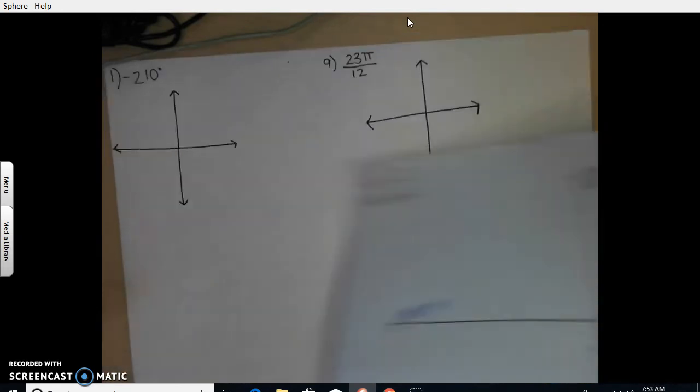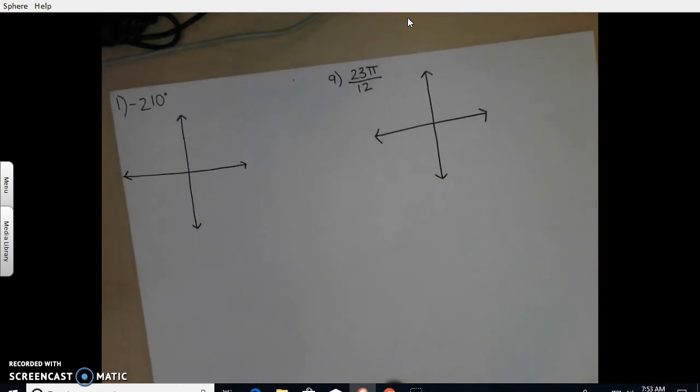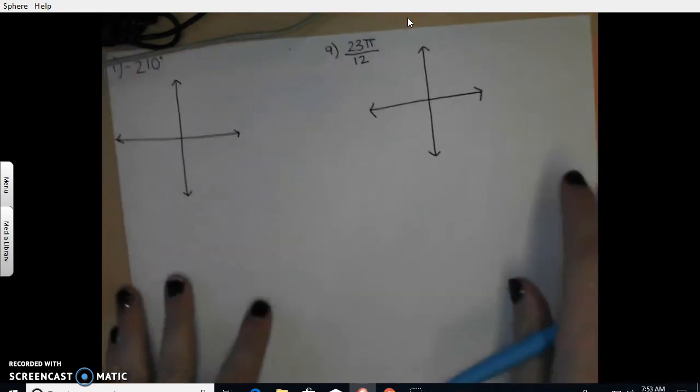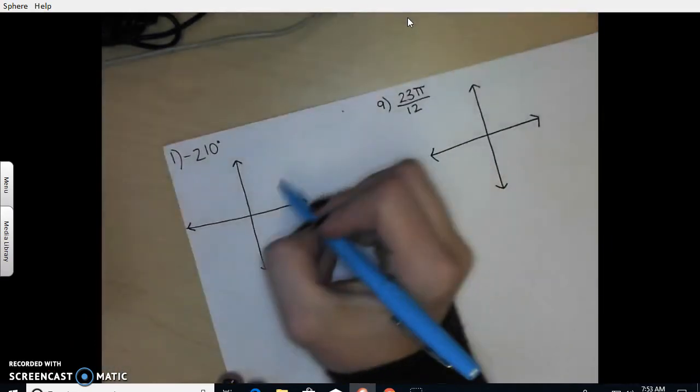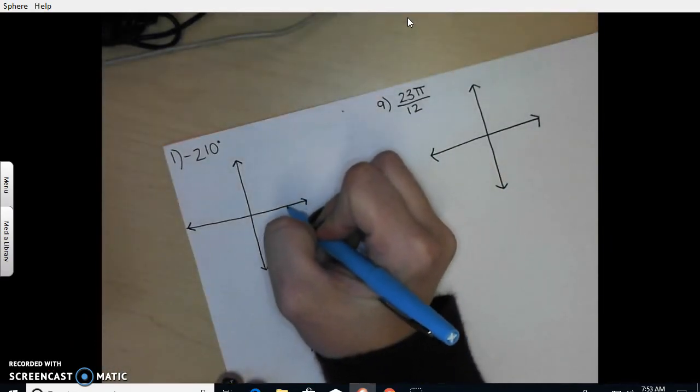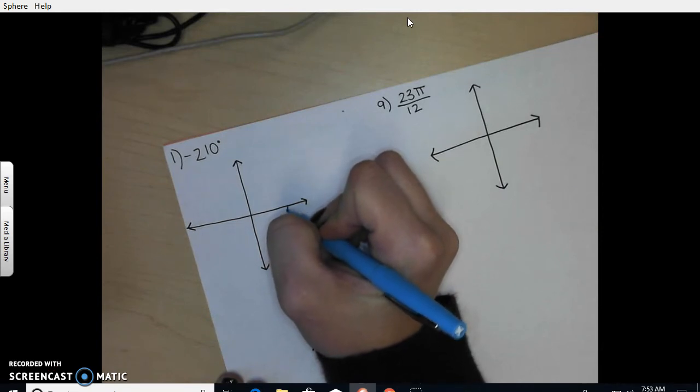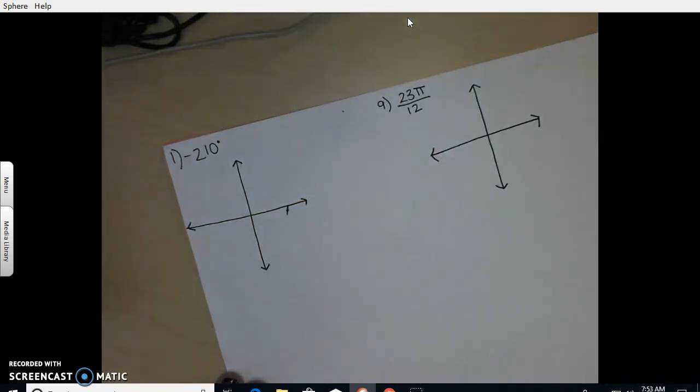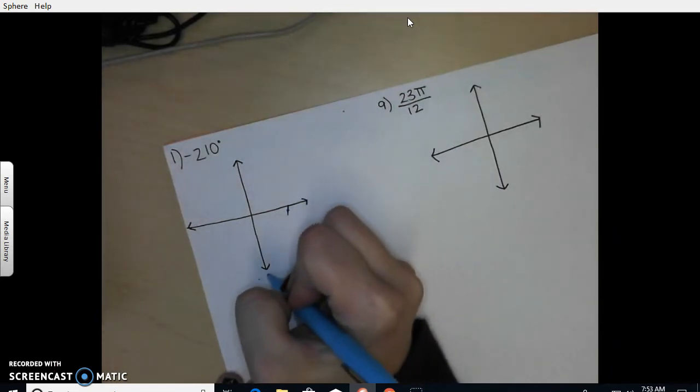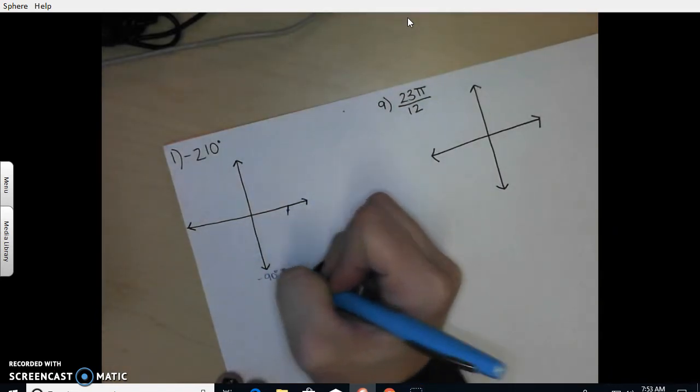Let's do 2 examples. Negative 210. We're first going to label our sides. So we know that if this is my terminal arm, my initial side, and I'm going down because I have a negative angle, down here would be negative 90 degrees.